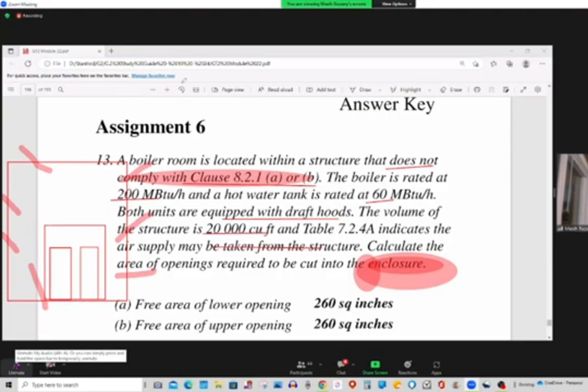So okay, 260. What size of the grill is 260 going to be? 12 multiplied by... maximum height we can go is 12. 260 divided by 12 is about 22, so 12 by 22.